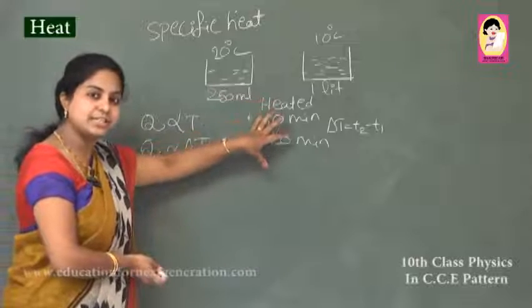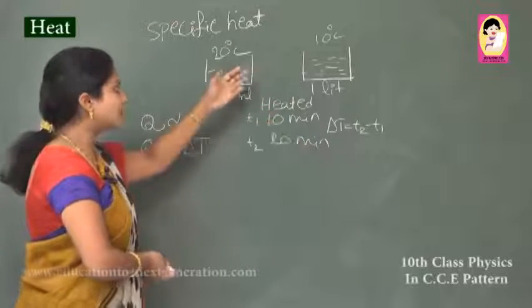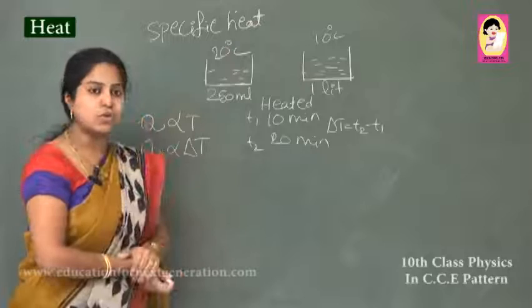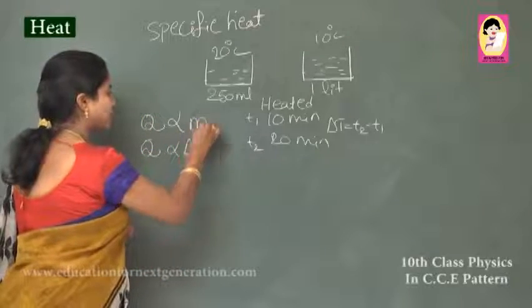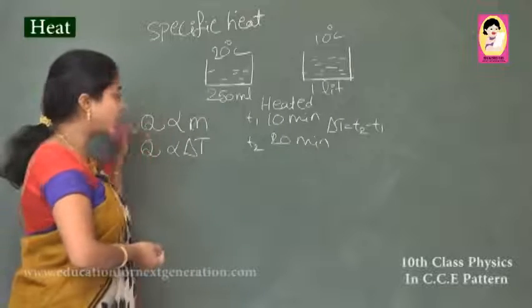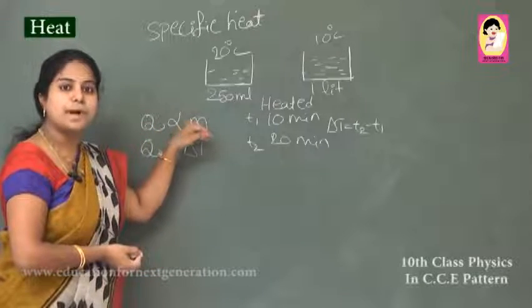If the change in temperature increases, then the heat absorbed will also increase. Sorry, here I have written T, but that is M. So Q is directly proportional to the mass of the body.